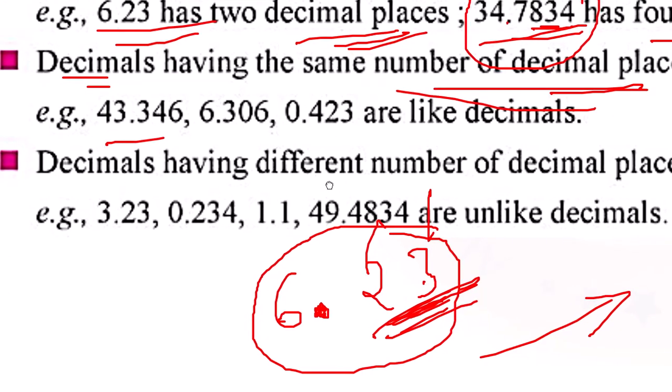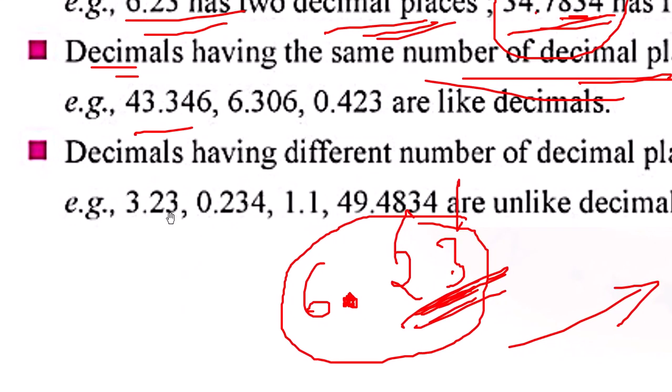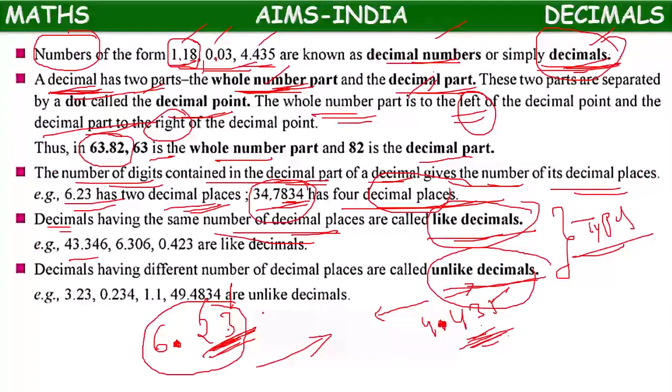Whereas if they have different numbers of decimal places, like here 2.23, 2 places, 0.234, 3 places, 0.1, 1 place, 0.4834, 4 places, then they are said to be unlike decimals. Like that, based on the number of decimal places, we can divide them into like decimals and unlike decimals.